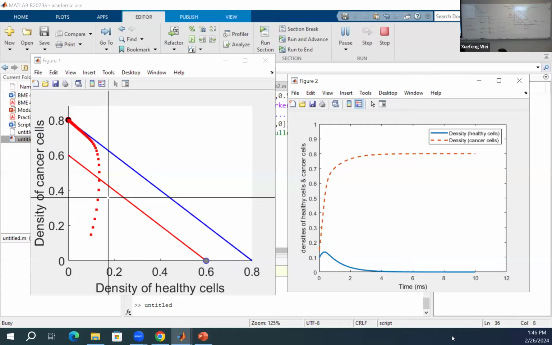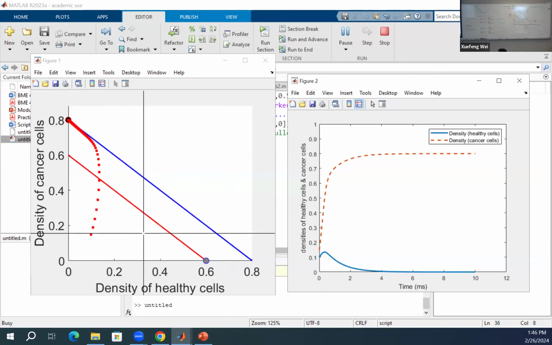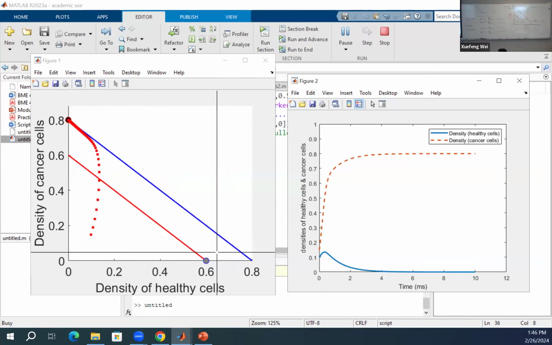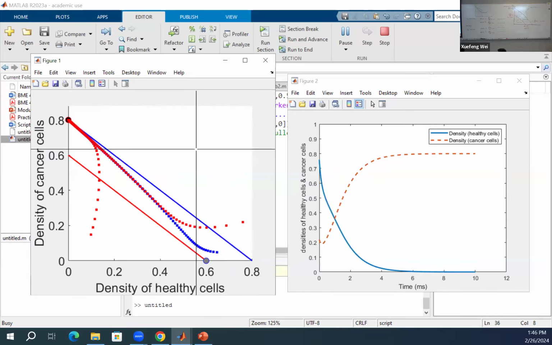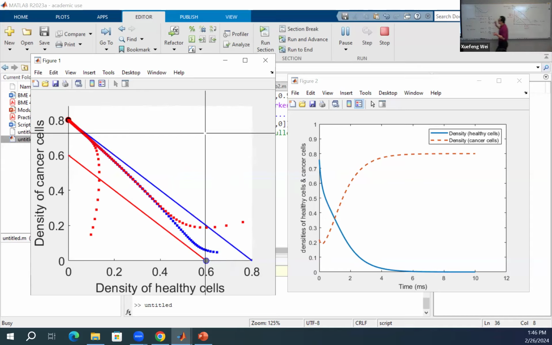I'm going to take a different initial condition. You can see how they will change. So I just put a different point. Now I'm very close to this healthy remission state. Although originally the healthy cell count is much more than the cancer cell count, eventually the cancer cell always wins.